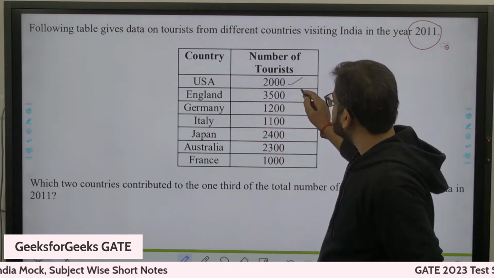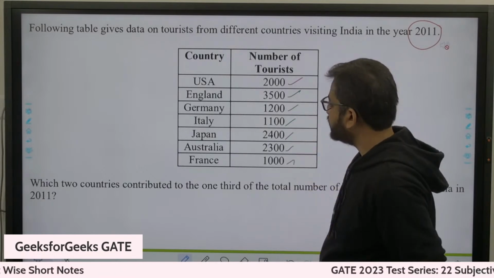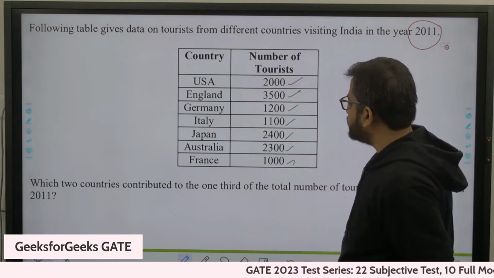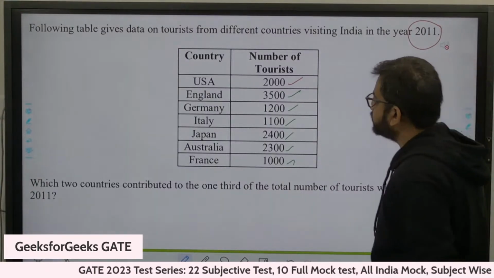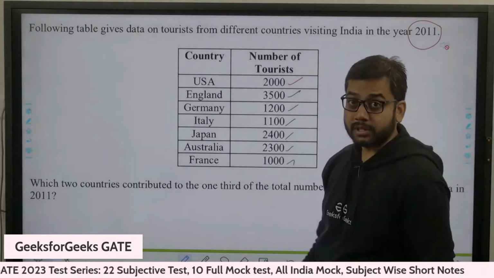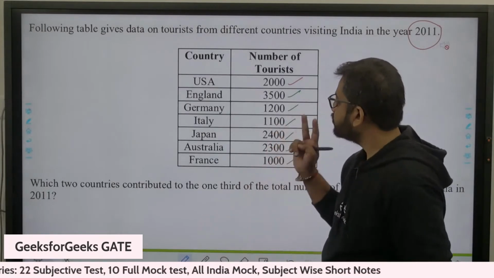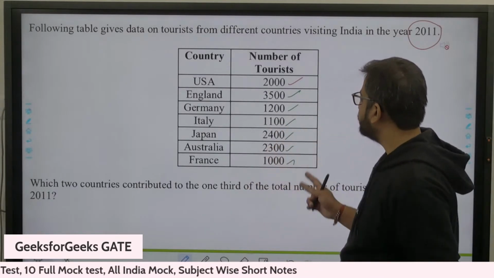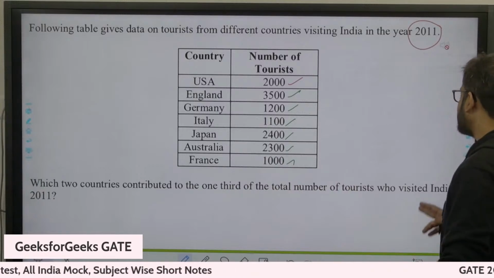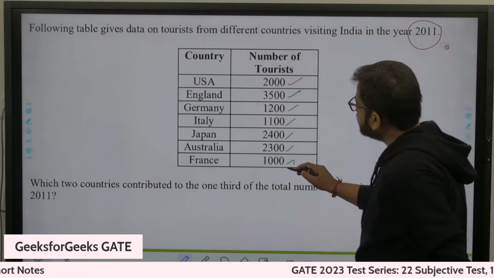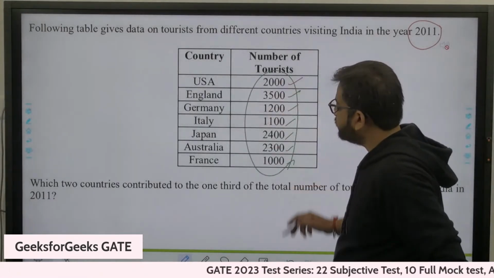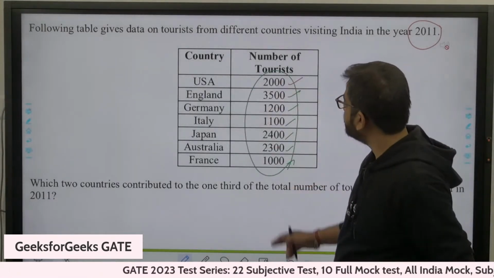The question is: which two countries contribute 1/3 of the total number of tourists who visited India in 2011? So the total number of tourists visited in 2011 is equal to what?